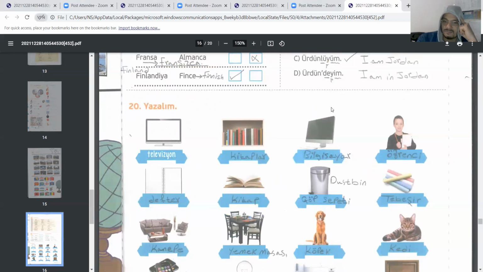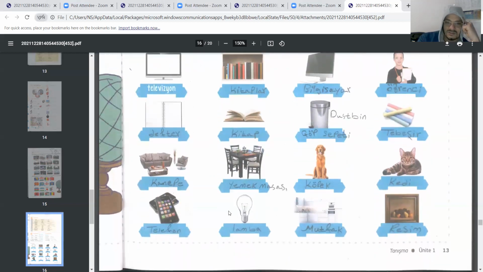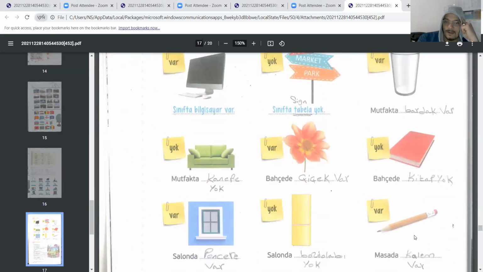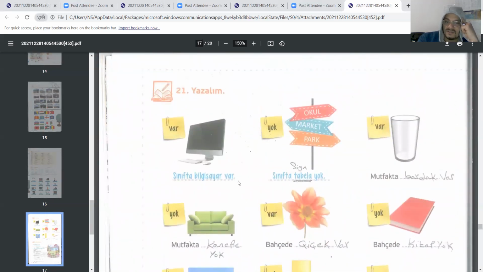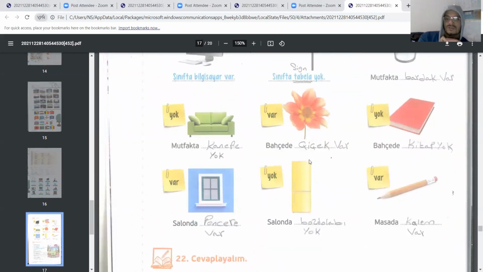Televizyon, kitaplar, bilgisayar, öğrenci, defter, kitap, çöp sepeti, çöp kutusu, tahta, kanepe, yemek masası, köpek, kedi, telefon, lamba, mutfak, resim. Here sınıfta bilgisayar var, sınıfta tahta yok, mutfakta bardak var, kanepe yok, çiçek var, bahçede, that means in the garden, the base form of it is garden, bahçe.